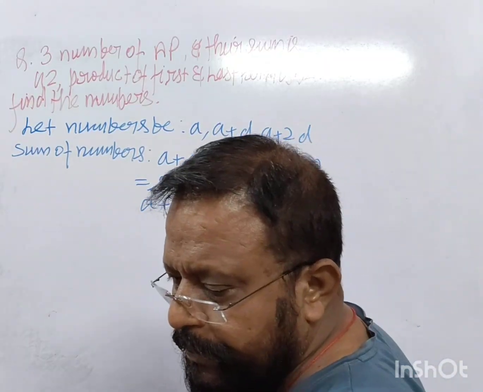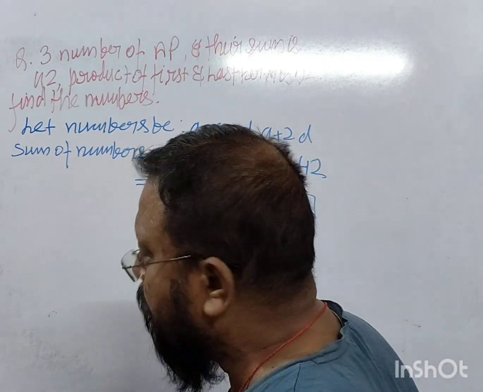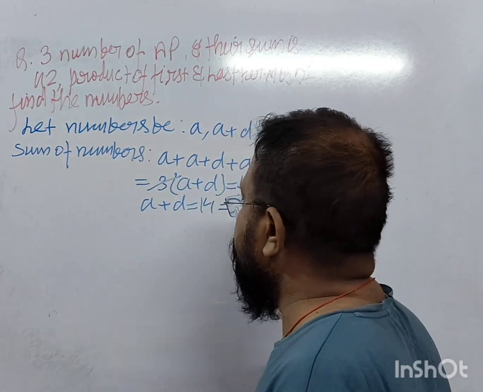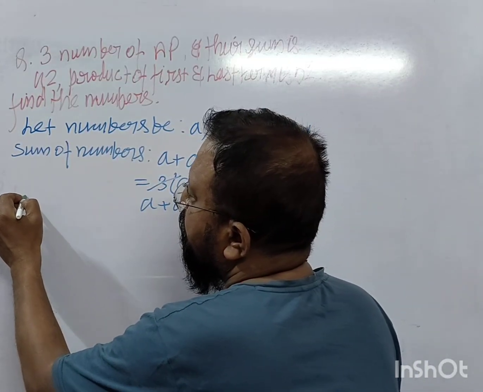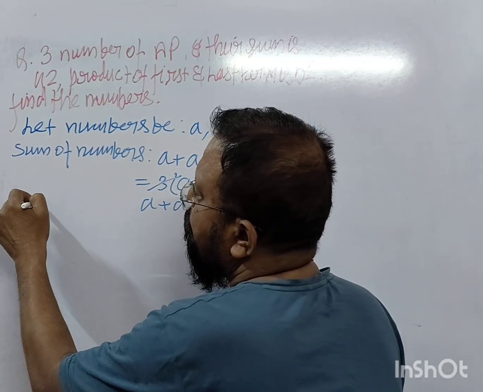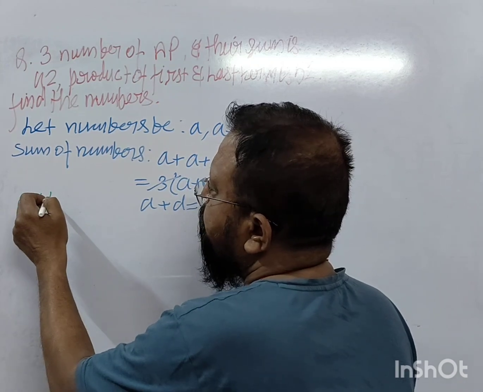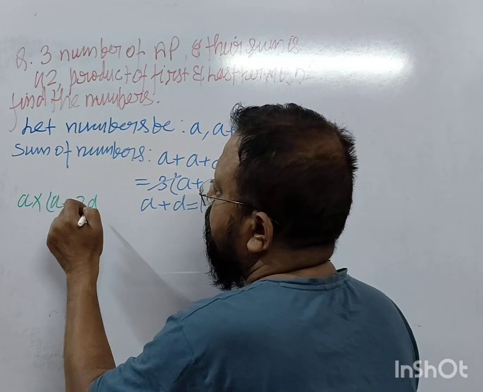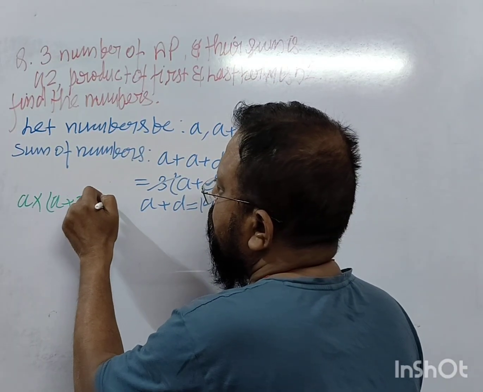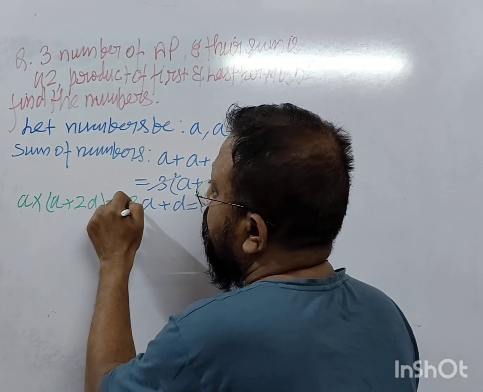Now it is saying the product of first and last number. So a into a plus 2d is equal to 52.